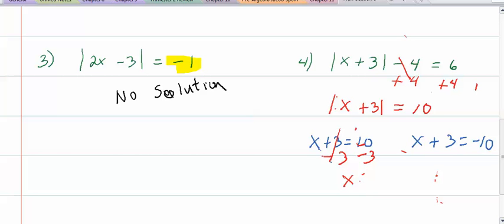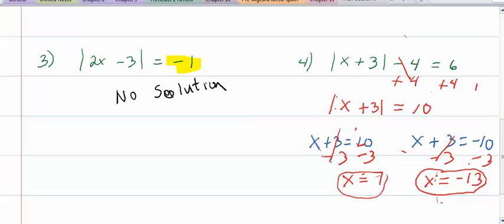So x is equal to 10 minus 3 is 7. Subtract 3, subtract 3. X is equal to negative 10 minus 3, which is negative 13. So these are my two solutions. Then I substitute them for x, and they will make it true.